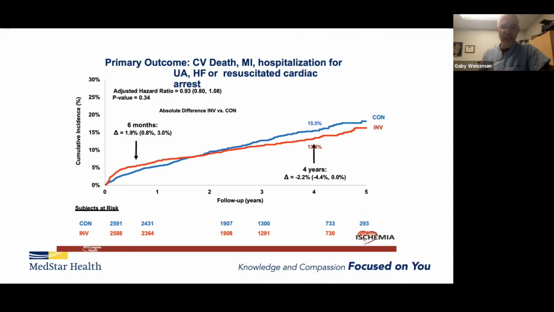What they basically showed was no statistical difference between the invasive group and the conservative management group. What you can see is up front, there's a little bit more of a price to pay for a procedure, which makes sense. And then over time, maybe you start seeing a benefit, but statistically, that does not pan out anyway.